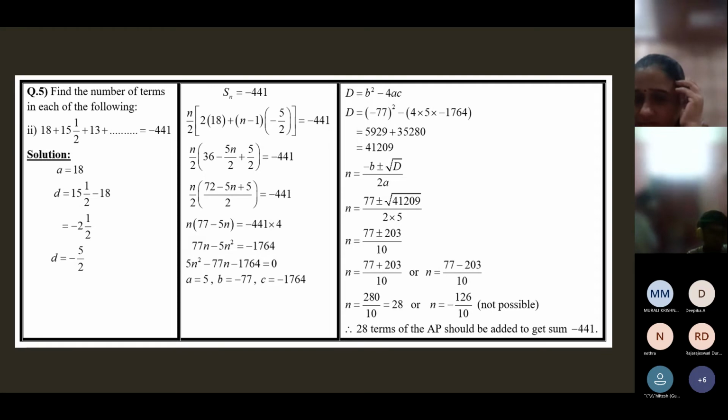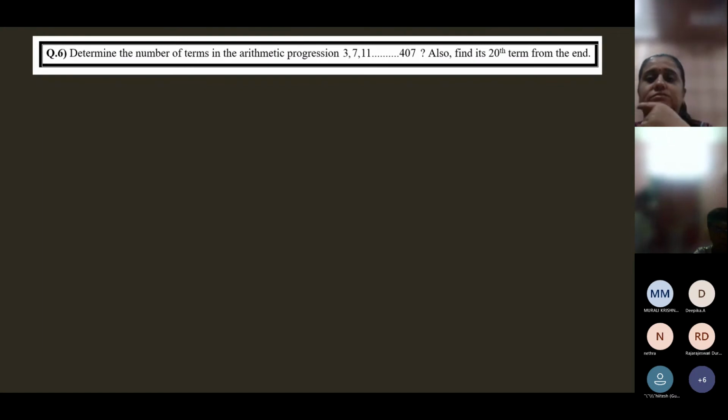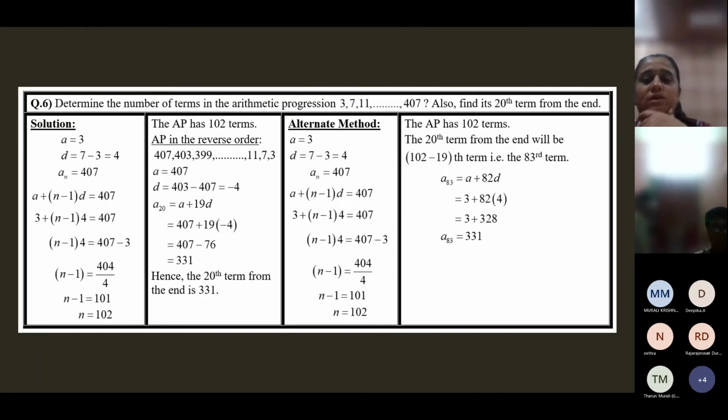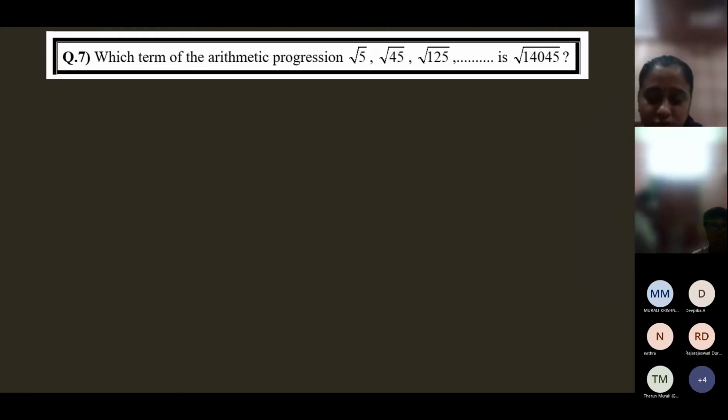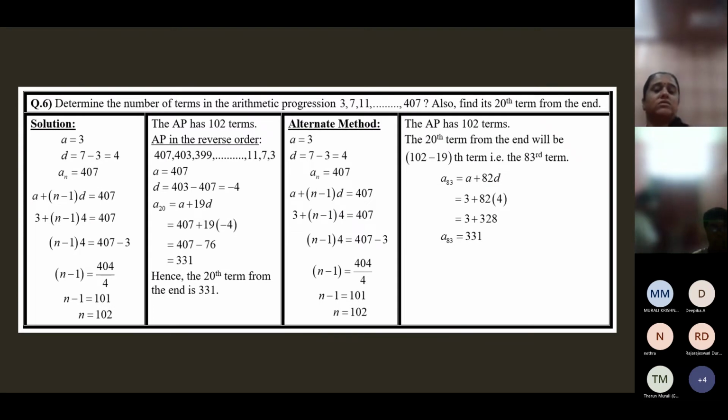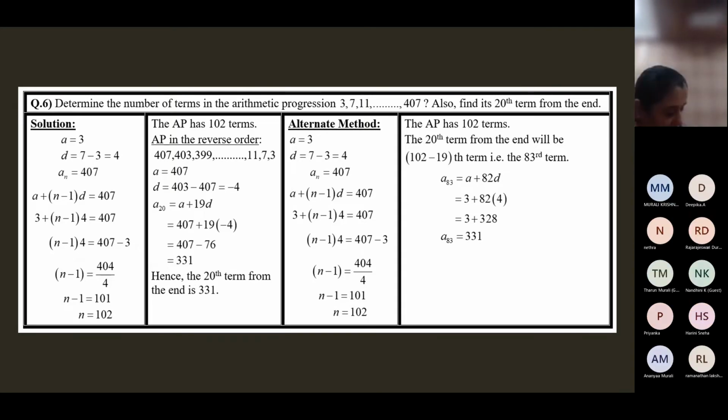Done, children? Yes, ma'am. Okay. Work this one. We'll discuss it in the next class. Take a screenshot, write the question and leave some space for this. Complete this by yourself. We'll understand this in the next class.